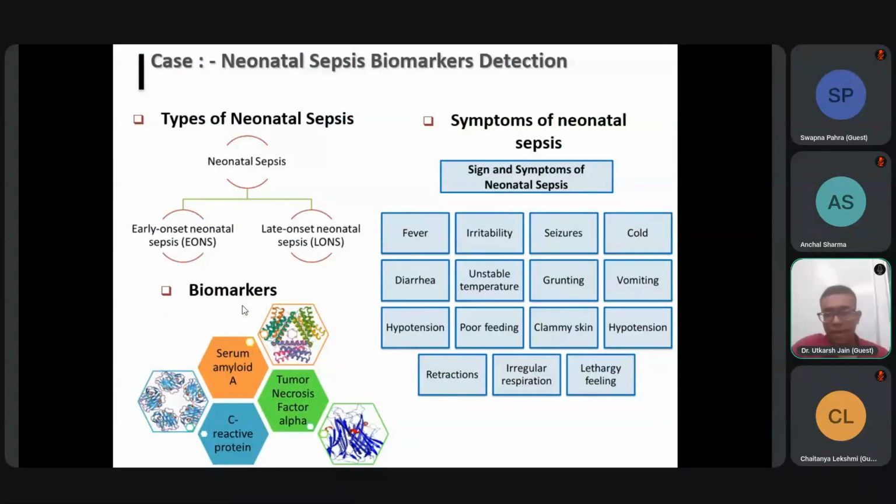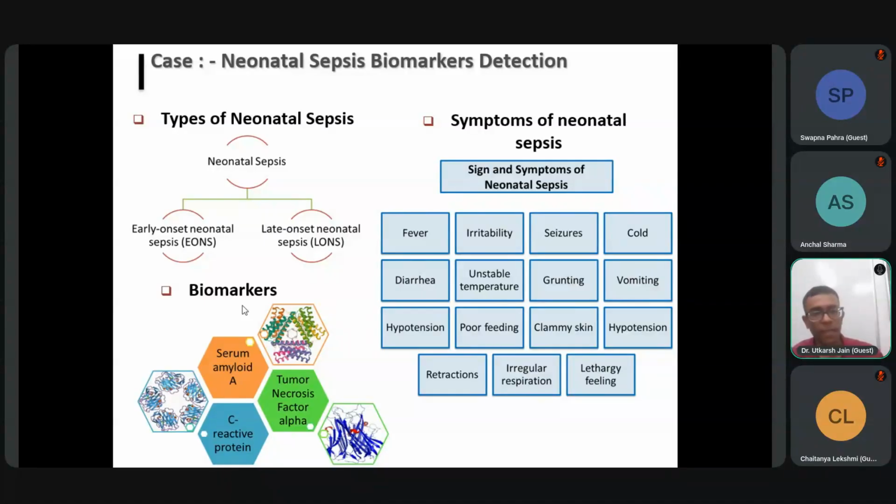Finally, one of the cases I would like you to think about: suppose I give you a disease, say neonatal sepsis, how will you transform the disease parameters to develop a biosensing device? I would like you to think about it from the designing to the development to the priming and advancing.